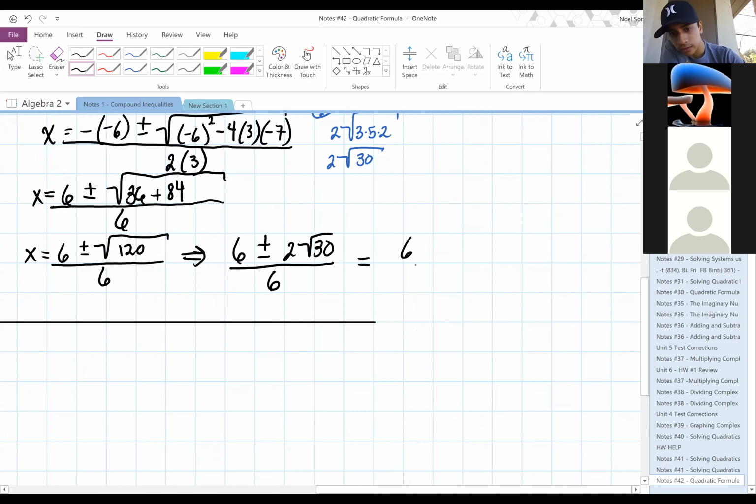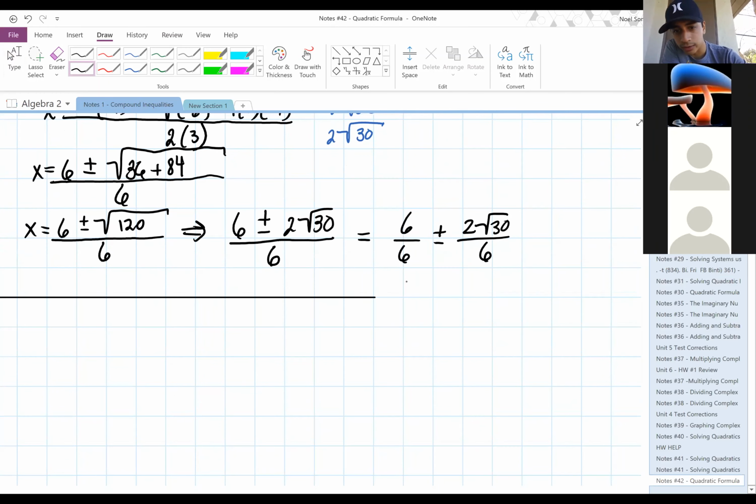And you can say 6 over 6 plus or minus 2 root 30 over 6, okay? And then you can see what's happening there. 6 divided by 6, that's just going to become 1. You can just write 1 plus or minus. And then here, both top and bottom, 2 and 6 can both be divided by 2.